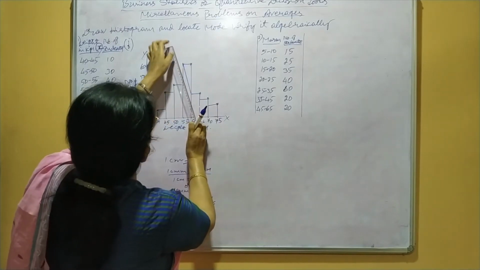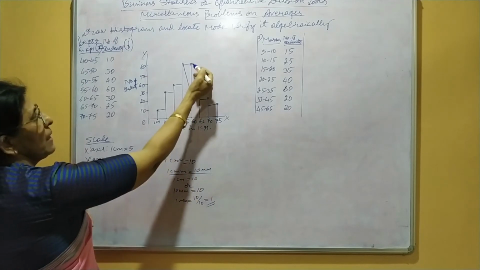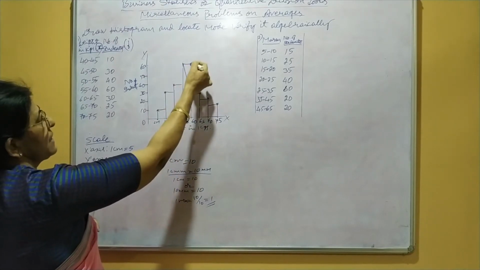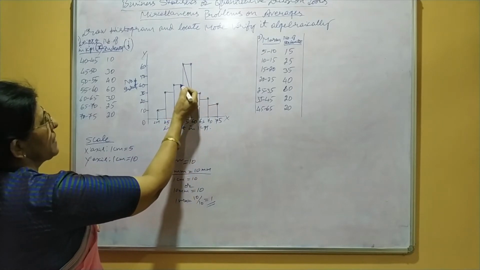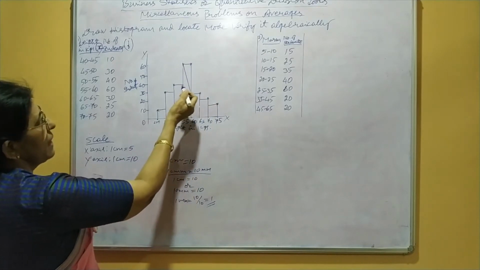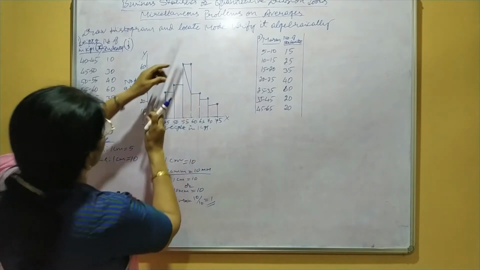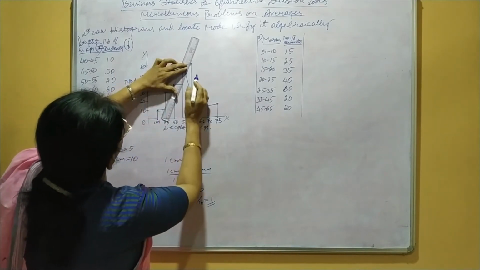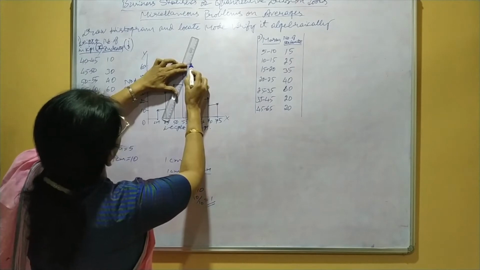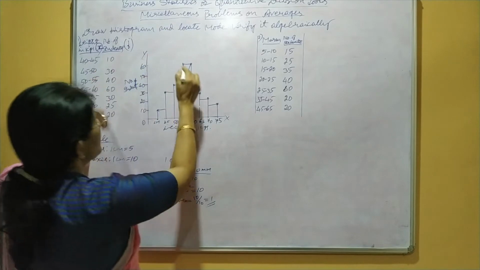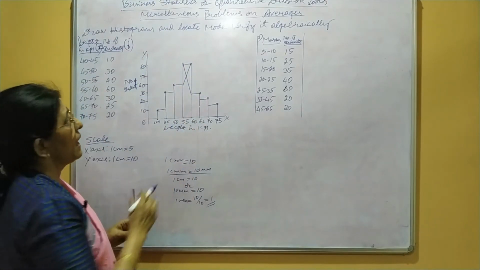Okay. Next, the right corner of the highest frequency rectangle is to be joined to the left corner of the preceding rectangle. Now these two lines intersect at a point.